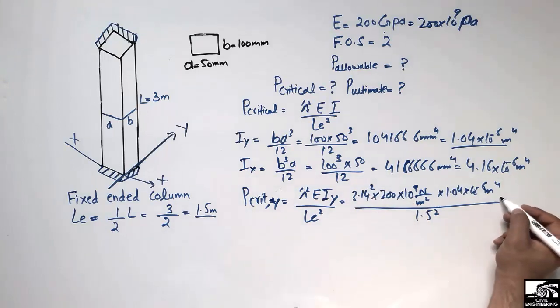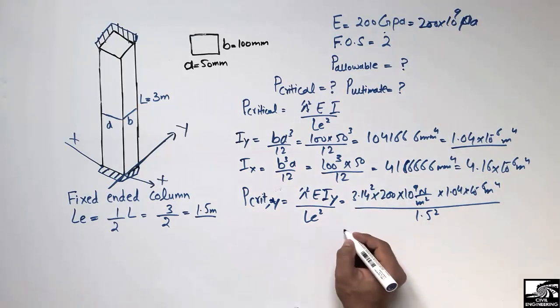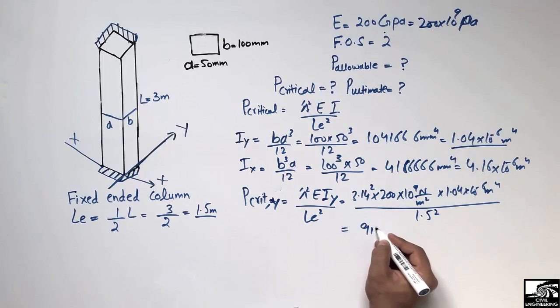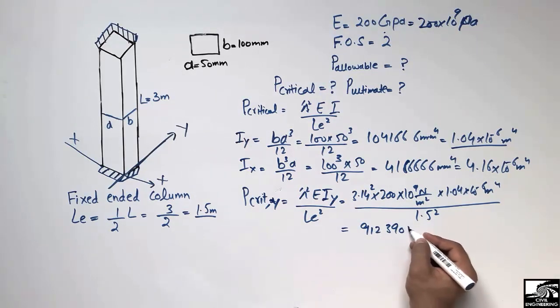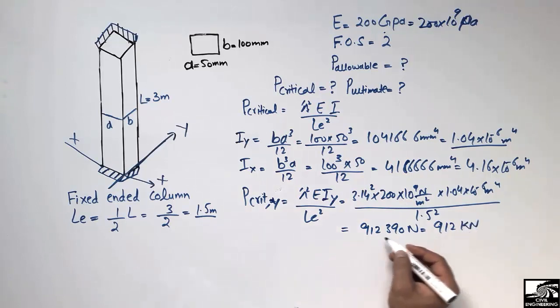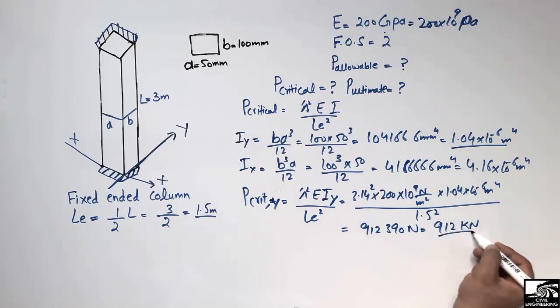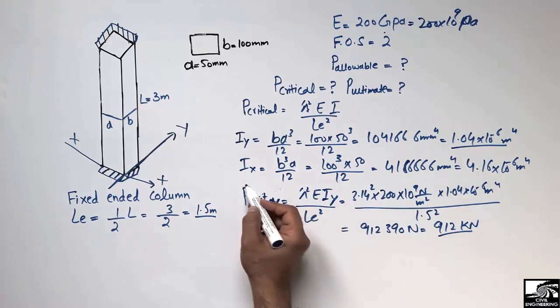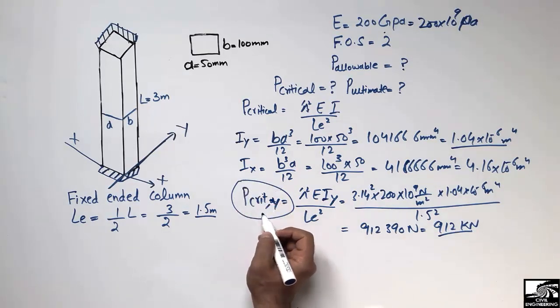By dividing and multiplying, we get 912,390 Newton, which means 912 kilonewton. So this is the P critical in the y direction.